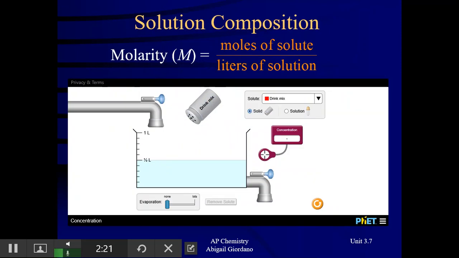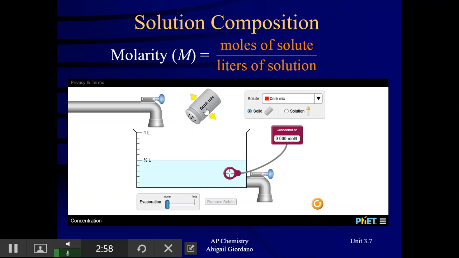This little demonstration here gets us thinking about the term molarity a little bit. Molarity is the most common way to put a number on how concentrated a solution is. So if I move this little guy down here, you'll notice that the molarity right now is reading 0.000, because it's just pure water. I have not added any solute.